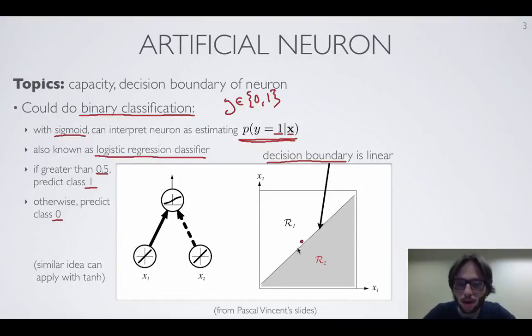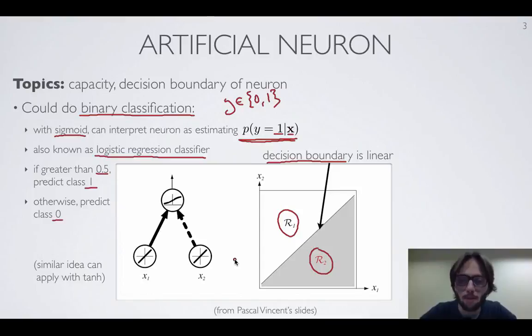It's drawing a line between 2 regions, one associated with each class. In 2D it corresponds to a line, and in more dimensions it would correspond to a hyperplane.